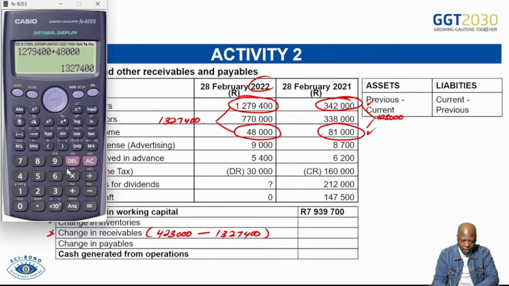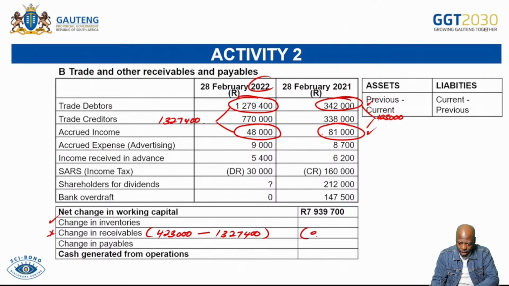Once I do that, I'm coming here now, and I'm now going to say it is my 423,000, and I'm going to say minus 1,327,400, and that is going to give me 904,400. But the key part is, you can see it's a negative 904,400. So I'm going to come here, and it's a negative 904,400 in brackets like that. Then I keep it in brackets. I record it in brackets as I have done over there.